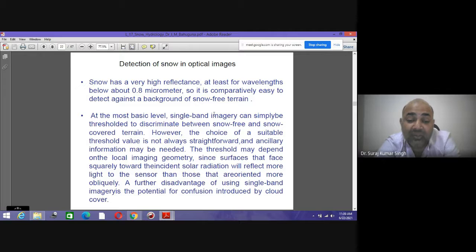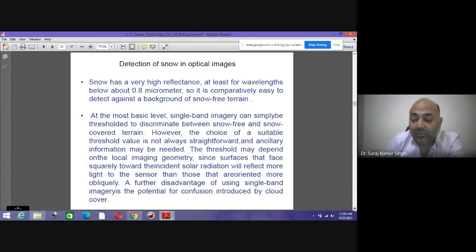The threshold may depend on the local imaging geometry, since surfaces that face squarely towards the incident solar radiation will reflect more light to the sensor than those that are oriented more obliquely. A further disadvantage of using single band imagery is the potential for confusion introduced by cloud cover.